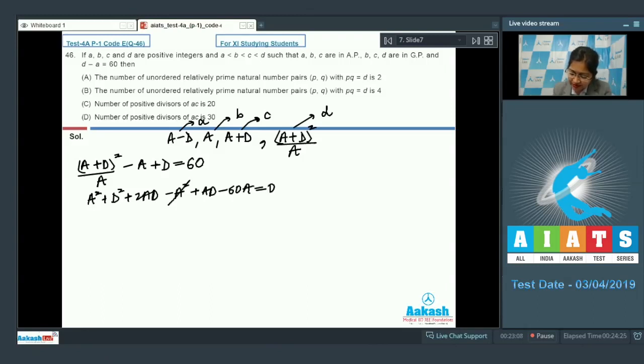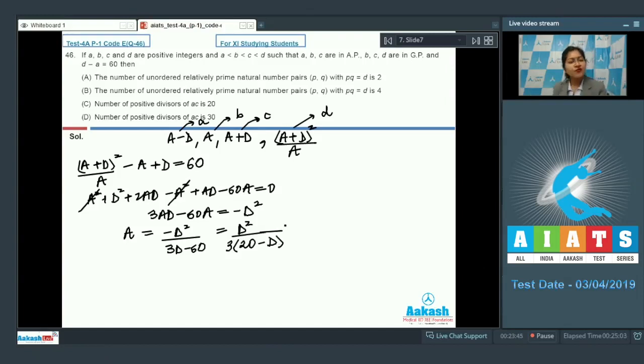So cancelling these, we will get 3AD minus 60A equal to minus D square. So the value of A will be equal to minus D square upon 3D minus 60. That is, it can also be written as D square upon 3, taking minus common and 3 also common, as 20 minus D. This is the value of A.